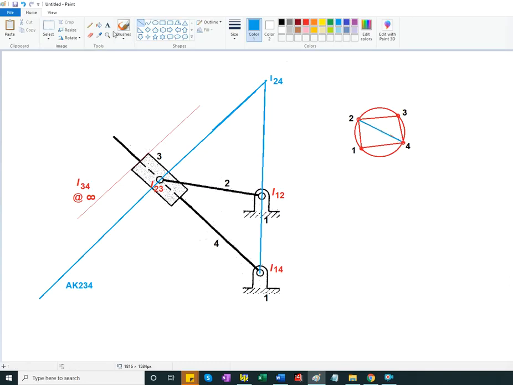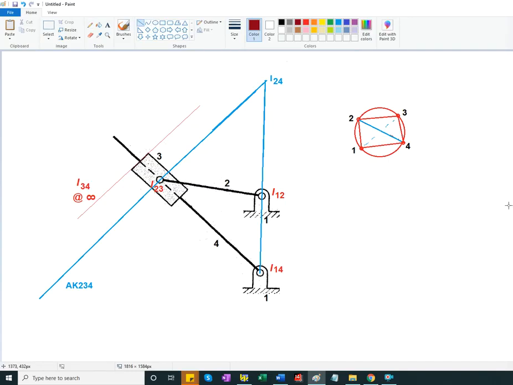And let's look at the other one, I13. And for that, we're going to operate with, I'm changing colors again. It's dark or brown. So it will be Kennedy line 1, 2, 3.